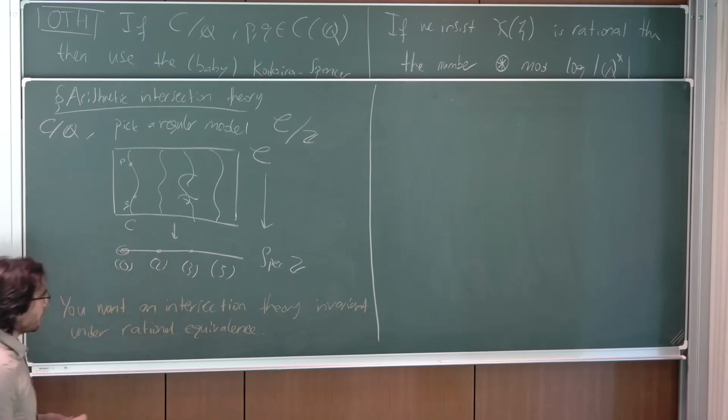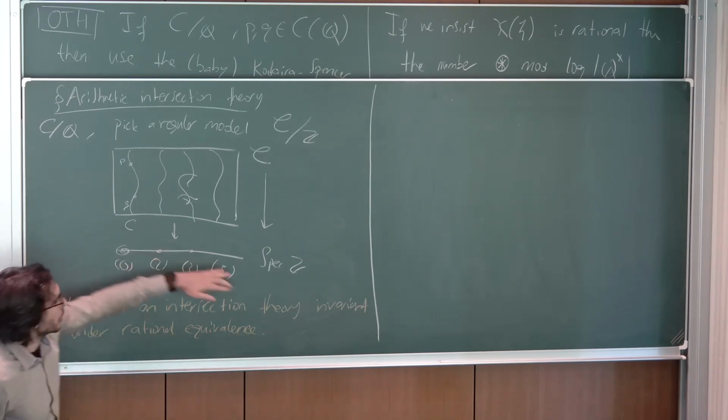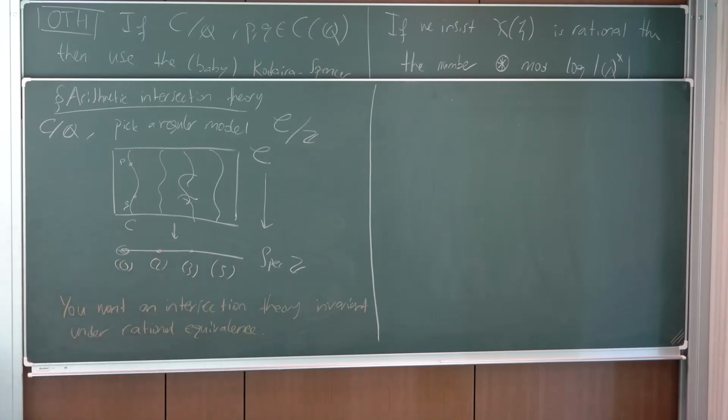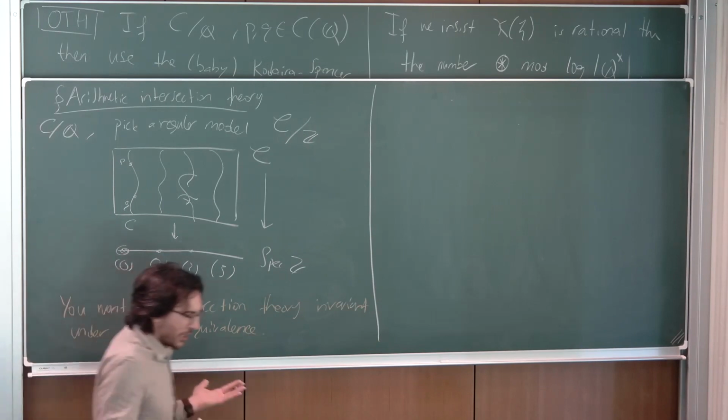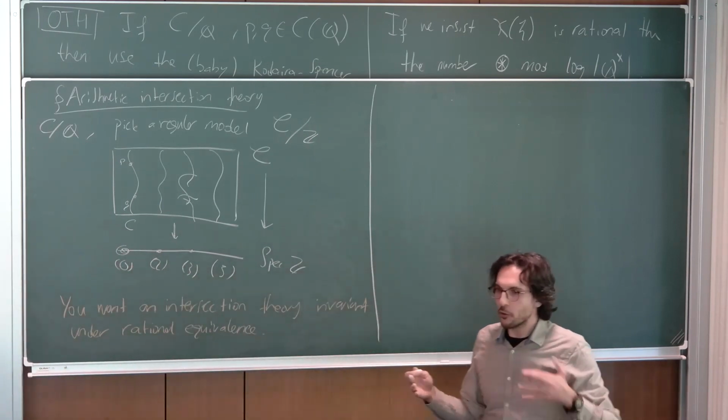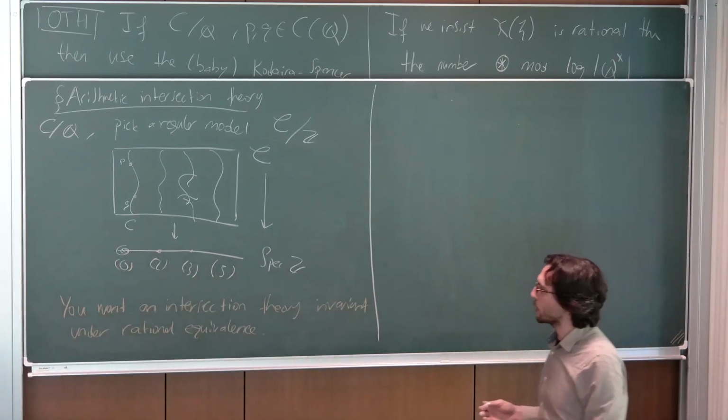And the degree map doesn't make sense. Even if you were working with Spec Z, rational functions are rational numbers, the number of prime divisors of a rational number can change. So it doesn't add up to zero. The poles and zeros don't add up to zero.